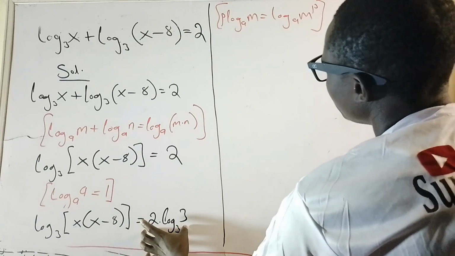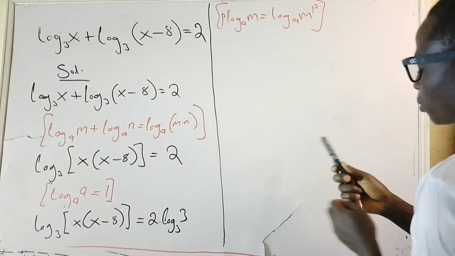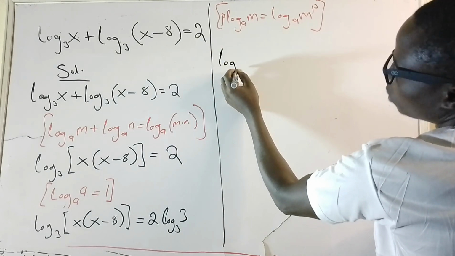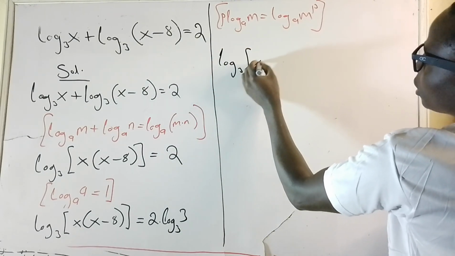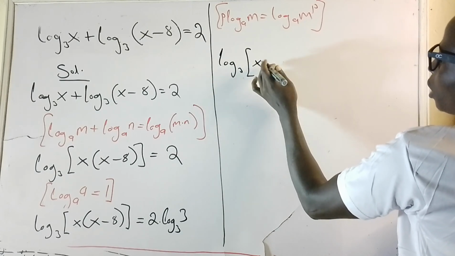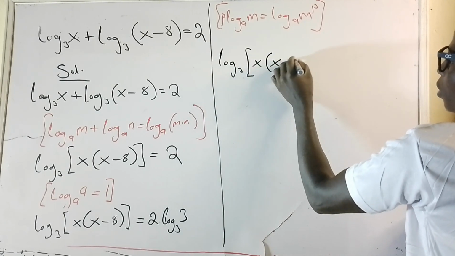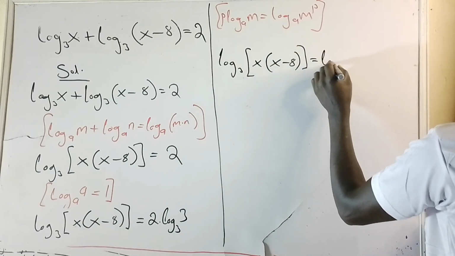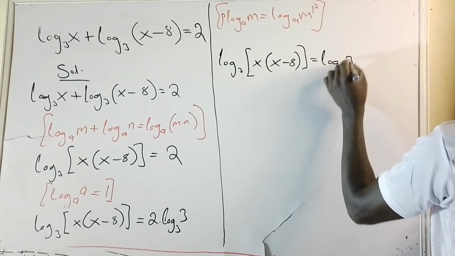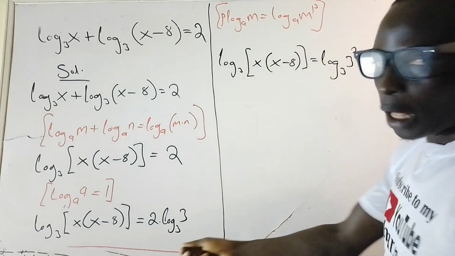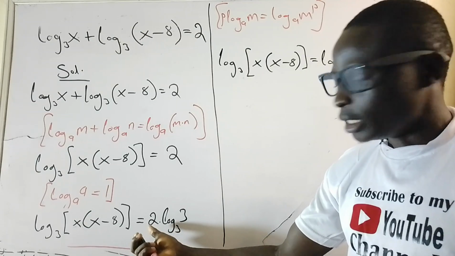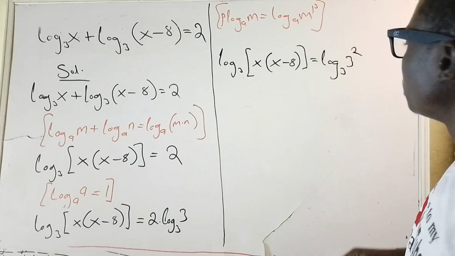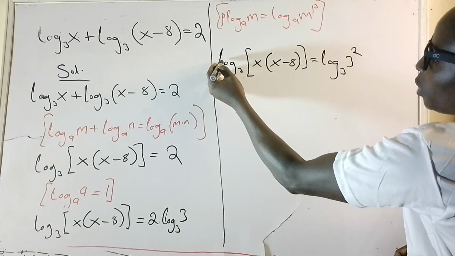So I can put it as log to base 3 of x times (x minus 8) is equal to log to base 3 of 3 squared. That means I transferred this to be the power of 3.